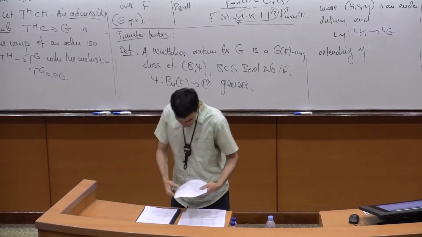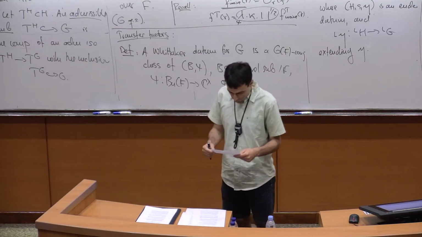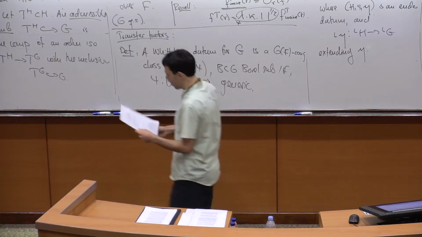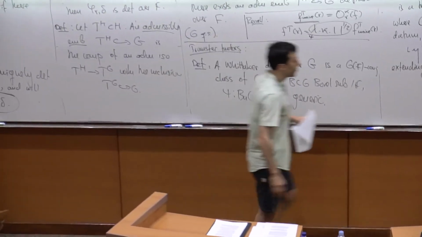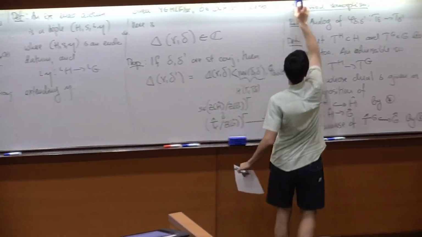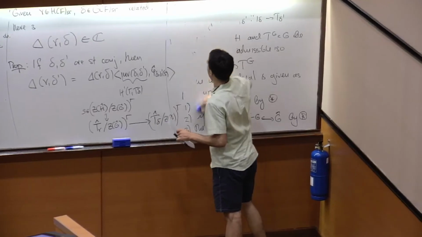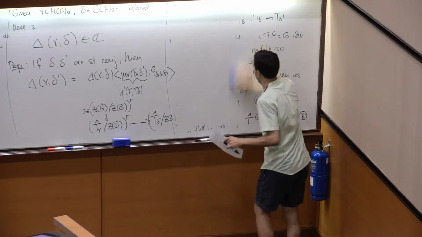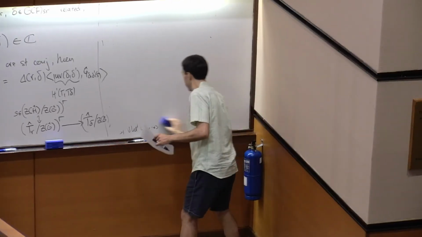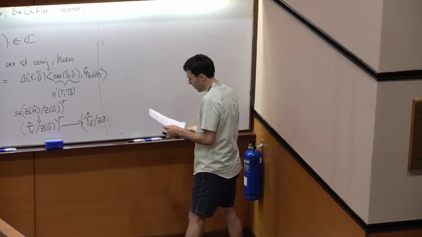And then what I wanted to finish with is what I finished with last time for SO2, but I want to now generalize it to arbitrary quasi-split groups.